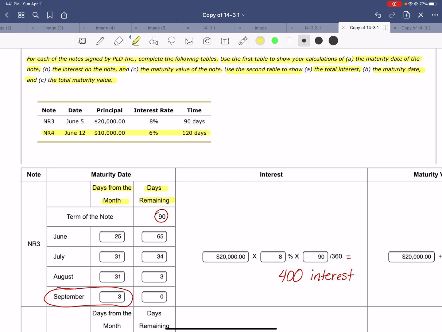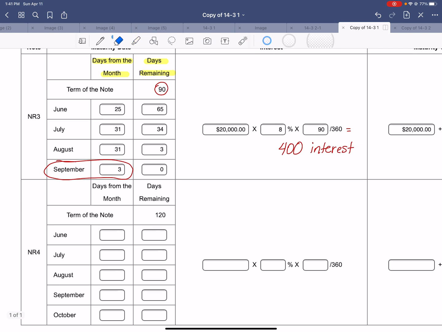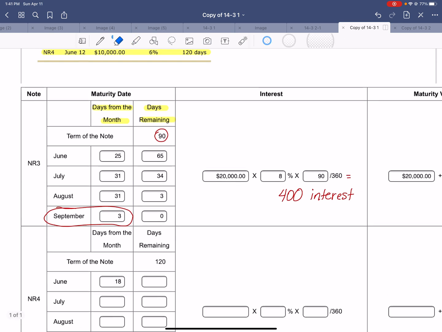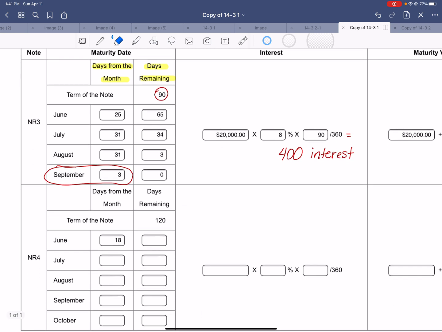It's $10,000 at 6% for 120 days. So we started the note on June 12th. There are 18 days till the end of the month. 120 minus 18 equals 102.